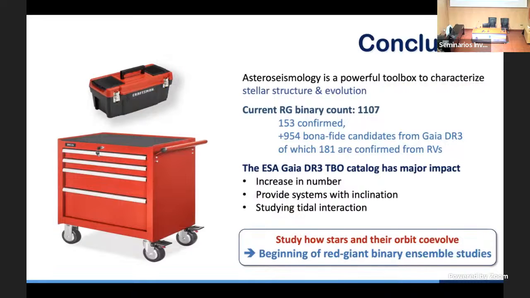We are first of all entering the age of ensemble binary seismology, which allows us to not only view the stellar and the binary evolution separately. No, it allows us to show how the two co-evolve. And with that, I yield back and take your questions.